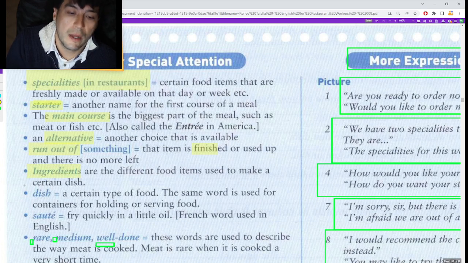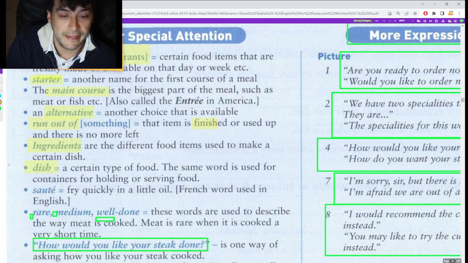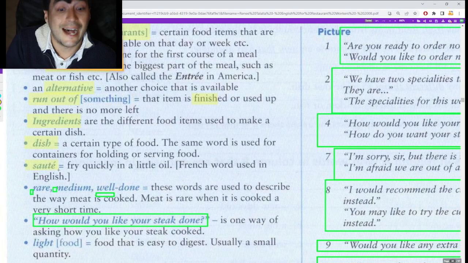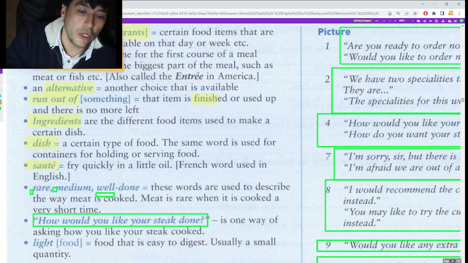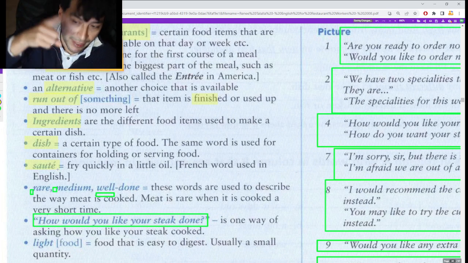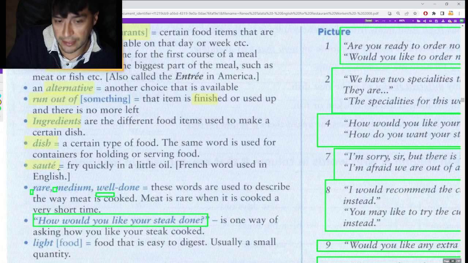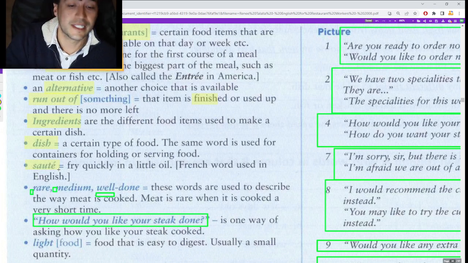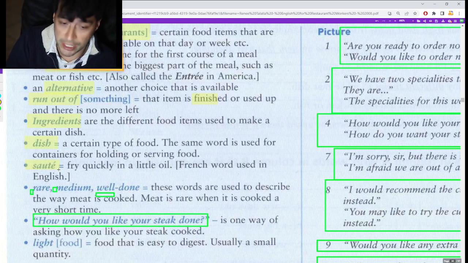Ingredients, obviously. The dish, different dishes, explain the dish. Sauté, the cooking method. We practiced the cooking methods in the other class. In this case, the ratatouille is sautéed.